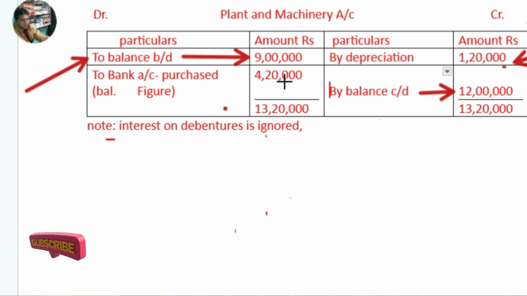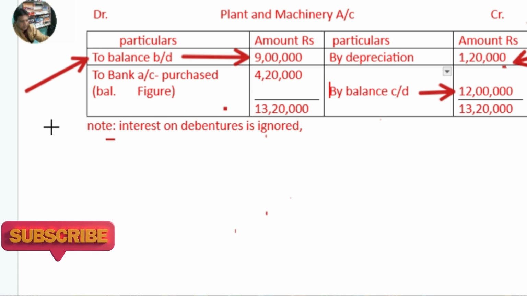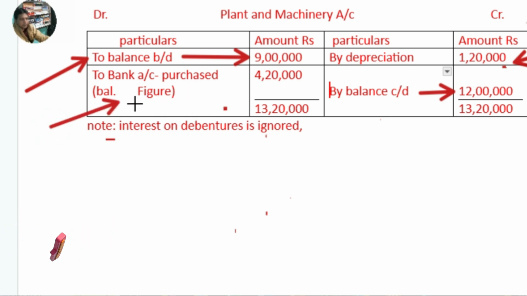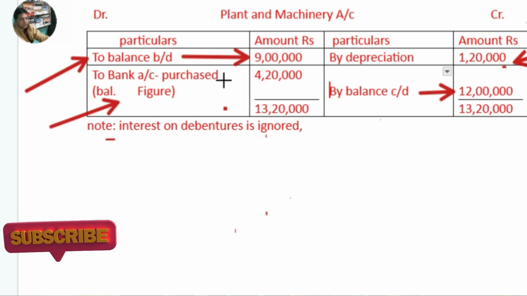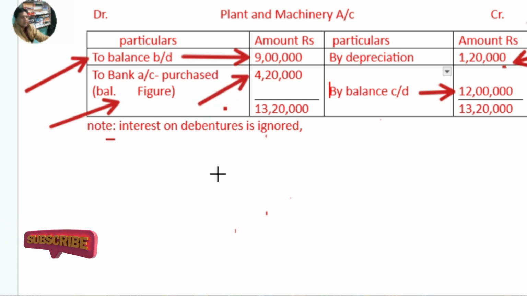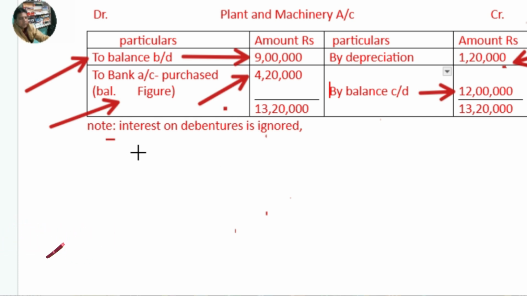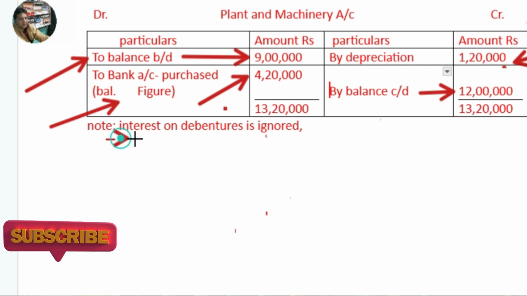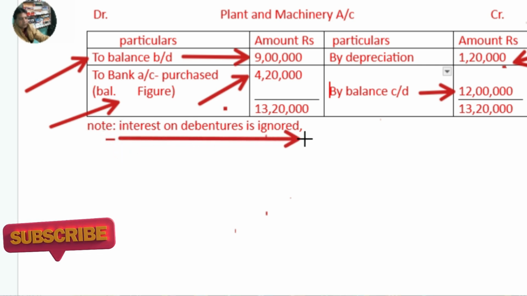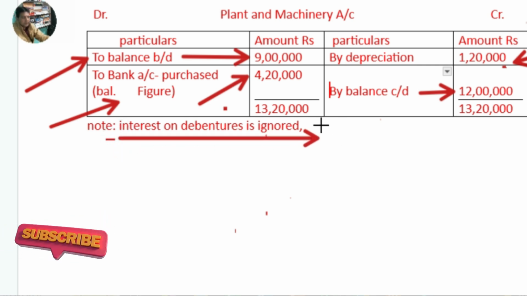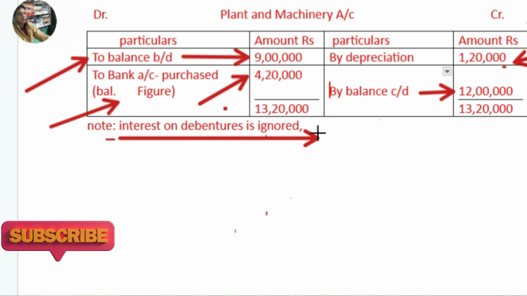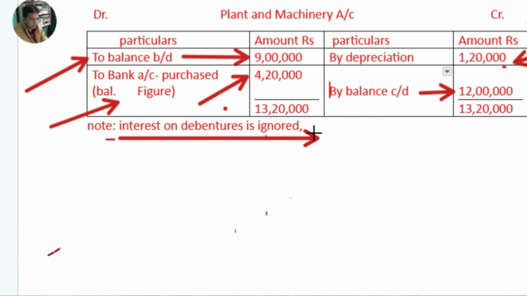So the balancing figure is this purchase. So bank account purchase of plant and machinery worth rupees 4,20,000, which represents cash outflow, minus. Here the note is taken that interest on debenture is ignored. So without considering the interest on debenture, this problem has been solved.